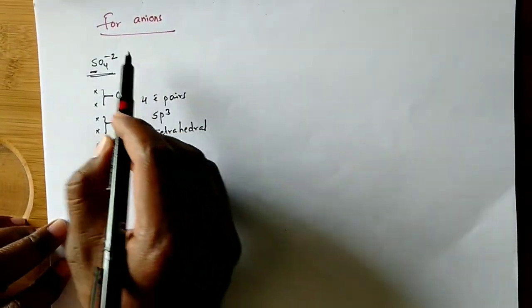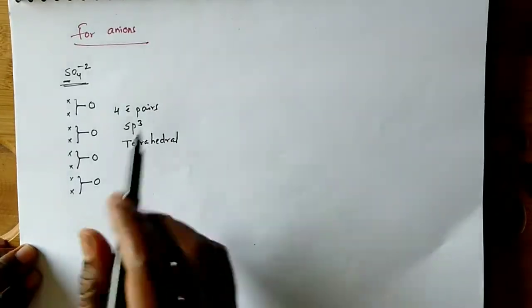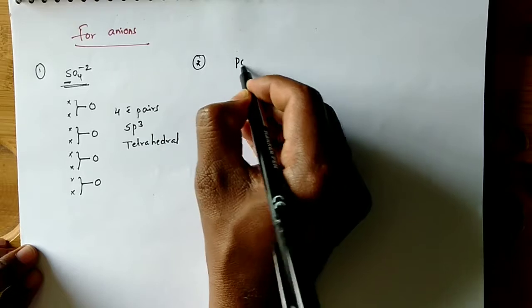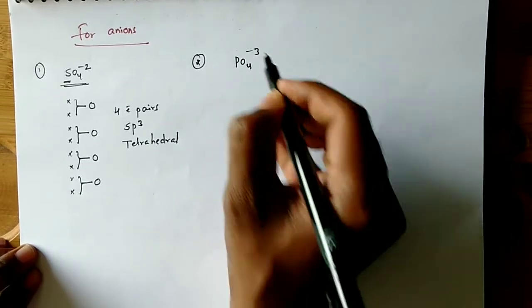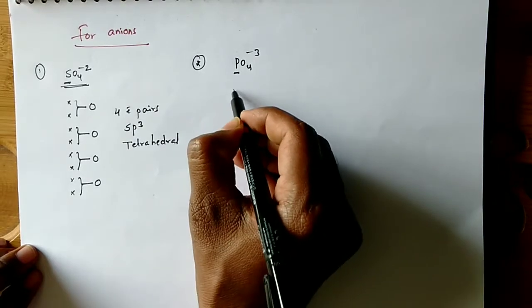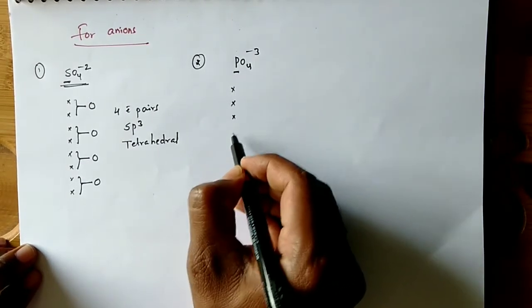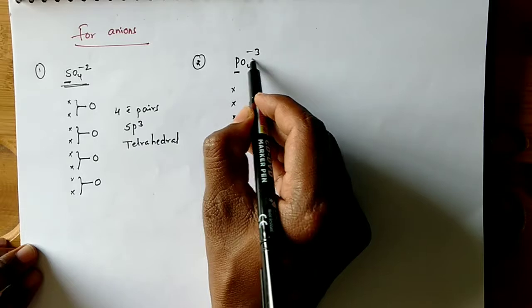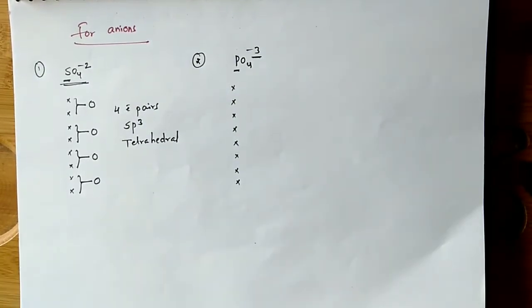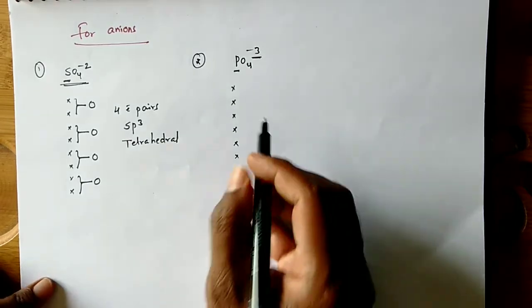Again, let us see how to find this for anions. This is example 1. Here I am taking the phosphate ion. What is the central atom here? Phosphorus. Phosphorus belongs to 5th group, so I kept 5 dots here, and for the excess of 3 negative charges, 3 extra electrons I kept here.